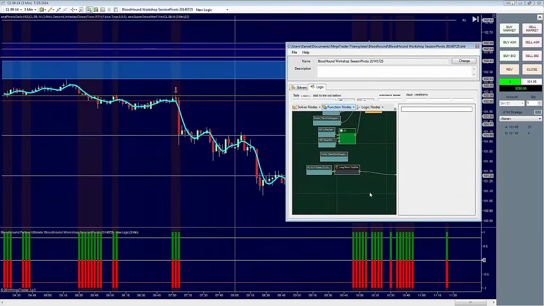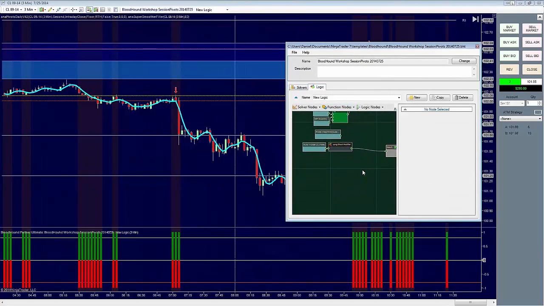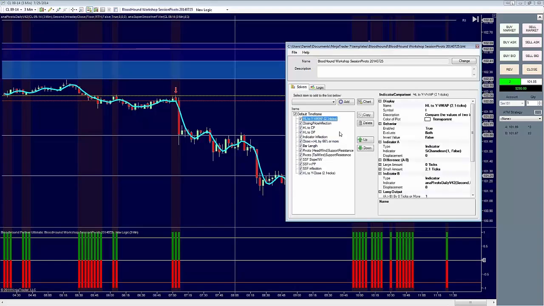Now then, we can do this. Let's go ahead and build a few more conditions. So this is high, low to yesterday's close. We'll add a few more.